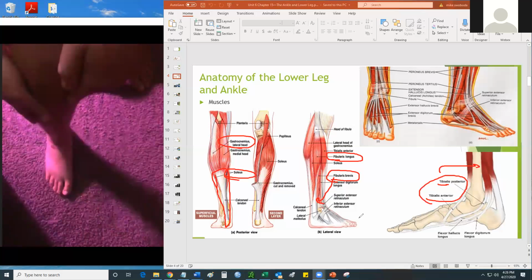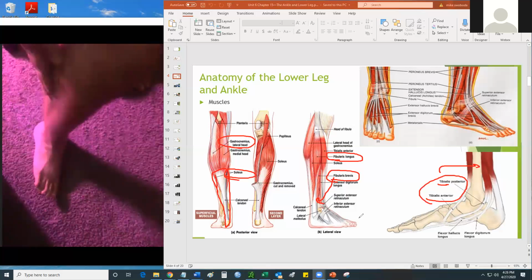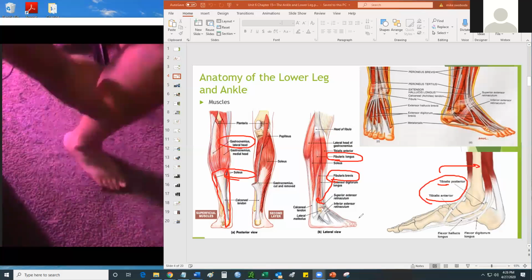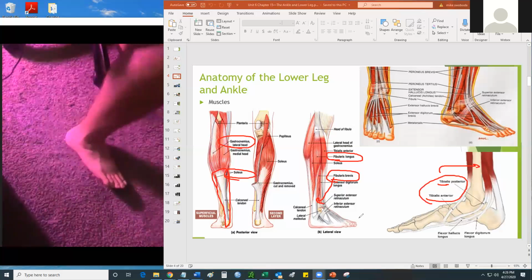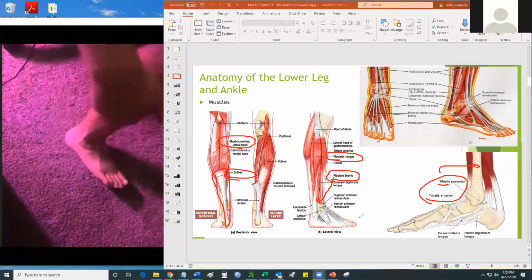Your fibularis is on the outside, so it'll help move your foot away. If you move that foot away, you'll get it flexing here. You can see in my foot and ankle area, when I go from relaxed to flexed, how this pops out here a little bit.